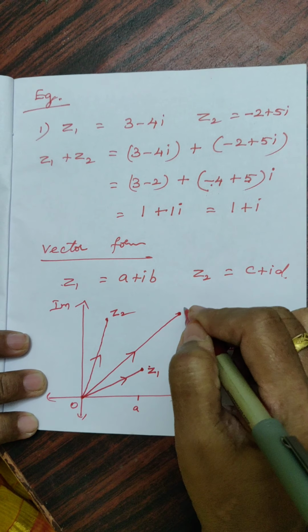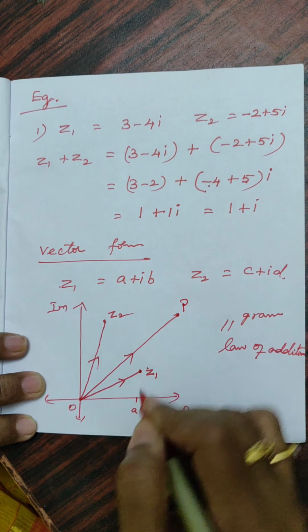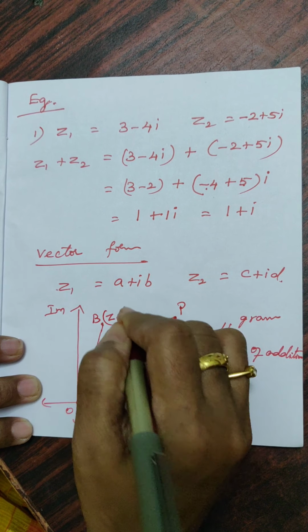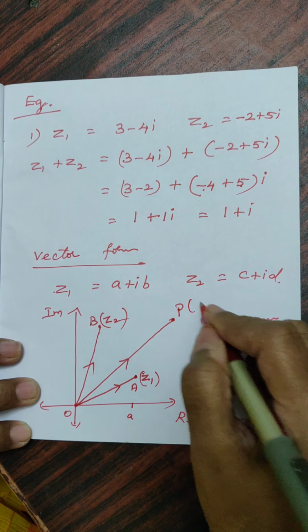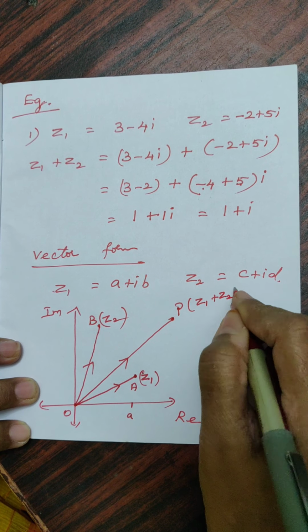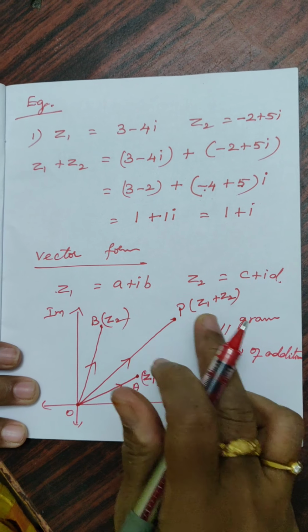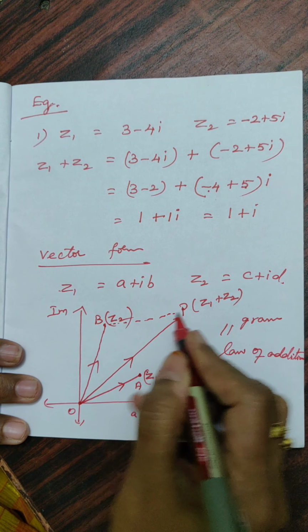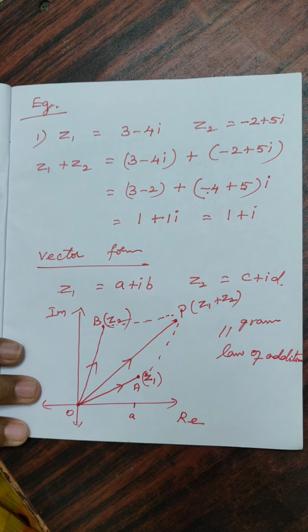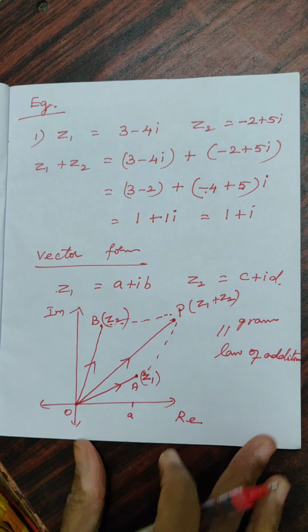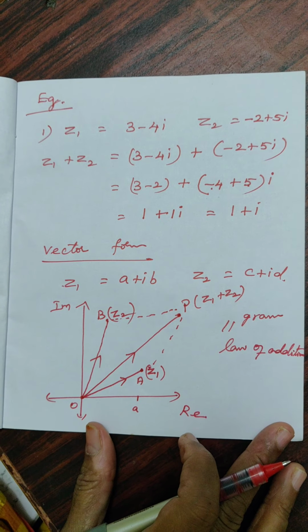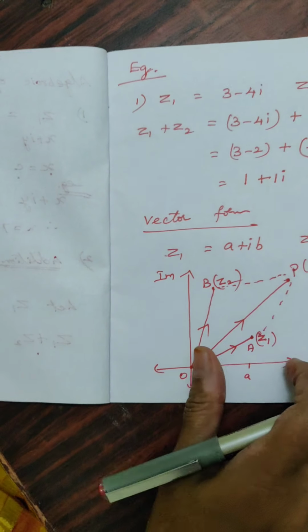Let us take this point as A of Z1 and this point as B of Z2. Then P of Z1 plus Z2 is the new position of the complex number Z1 plus Z2. If you join, you will clearly get a parallelogram. Is it clear? So this is the vector form of addition of the two complex numbers. Similarly, you can do it for subtraction and multiplication, etc.